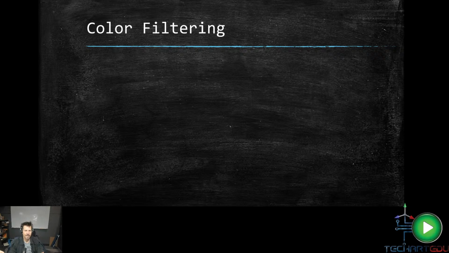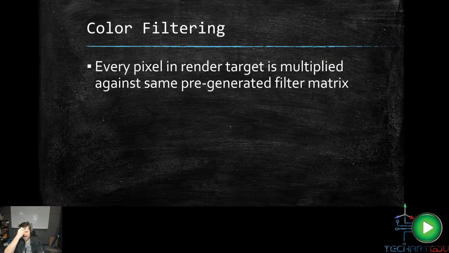Okay, what is color filtering? Color filtering is a process where every pixel rendered to the target is multiplied against a pre-generated filter matrix. Now, a matrix, that's a 4x4 collection of numbers. You multiply every single pixel against this pre-generated matrix, and it makes everything change around.